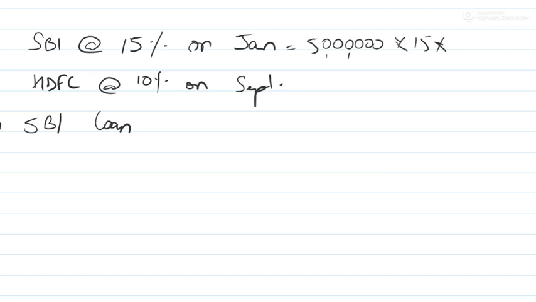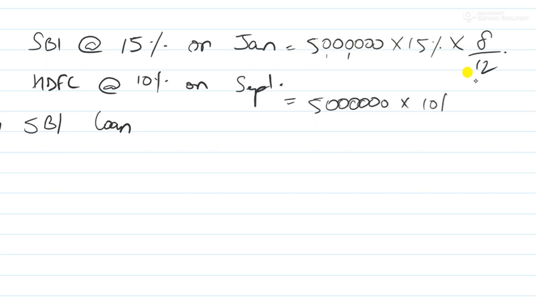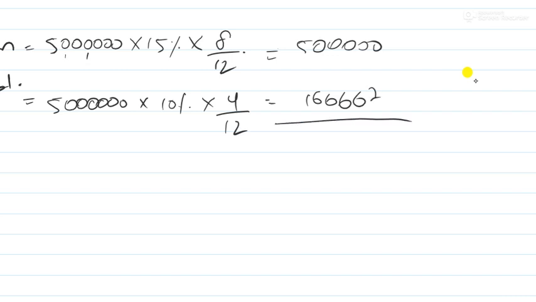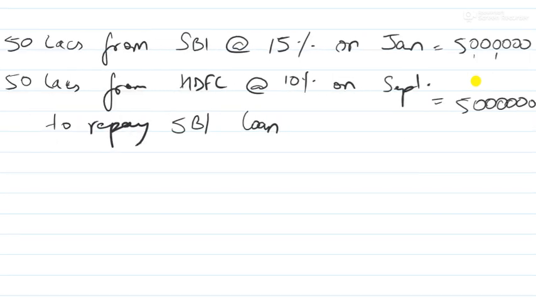For how many months? From January to September. So 8 months, 8 by 12. And on this amount, again 50 lakh, he'll get a deduction at the rate of 10% for 4 by 12, 4 months. So here the interest will be 5 lakhs and here the interest will be this. So the total amount deductible shall be 6 lakhs 60,000 something.